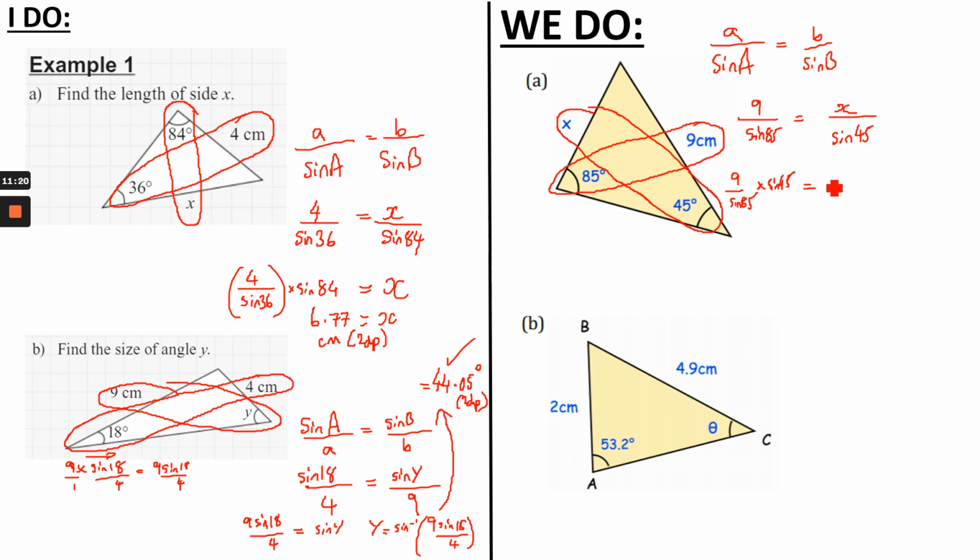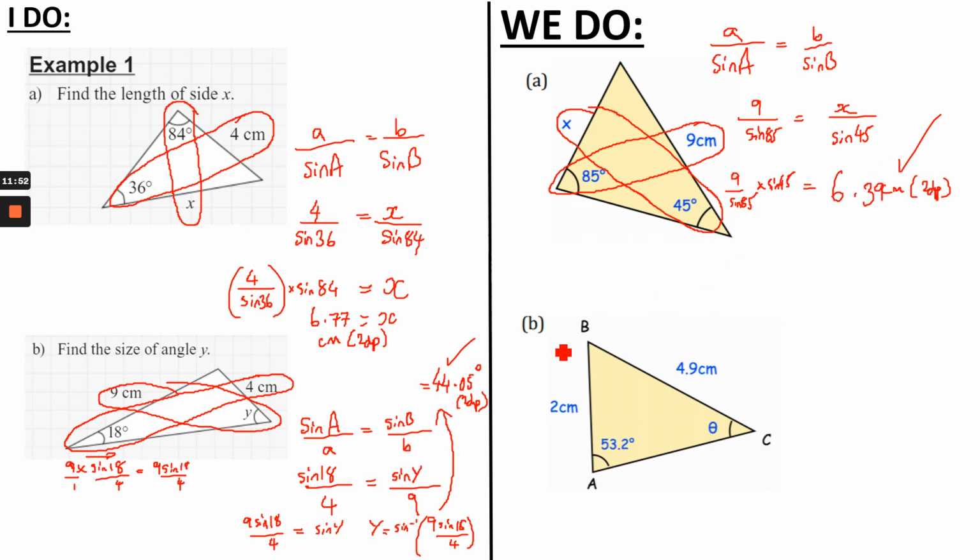If you type that into your calculator exactly as it is written, 9 divided by sine 85 multiplied by sine of 45 is equal to, if I've got this correct, 6.39 centimetres, 2 decimal places. Is that sensible? Well, if that length's 9, that length could be 6.39. That's sensible. So I'm pretty sure that one's correct.